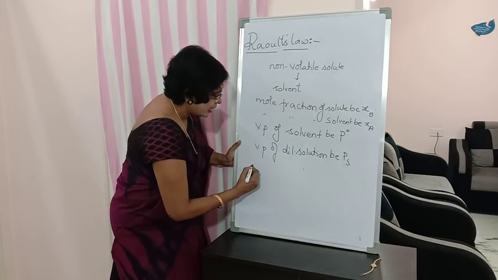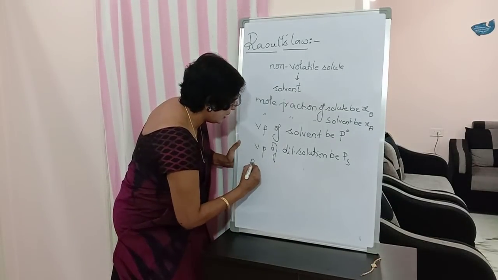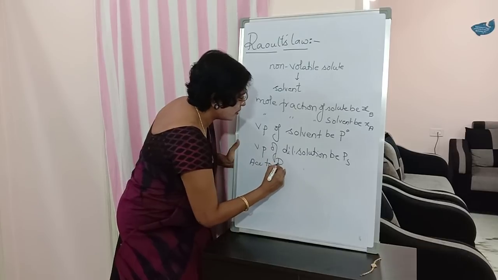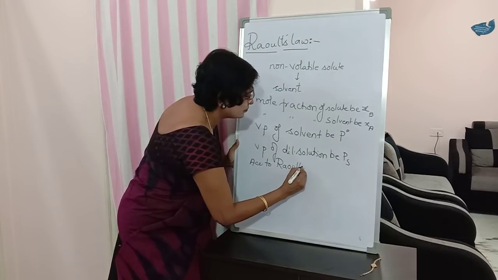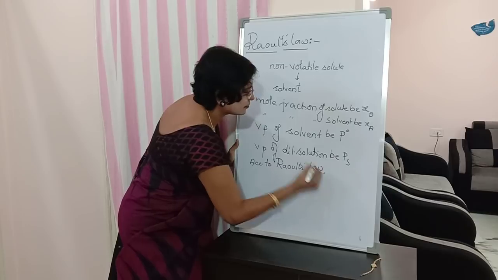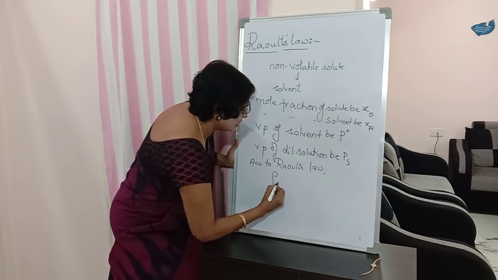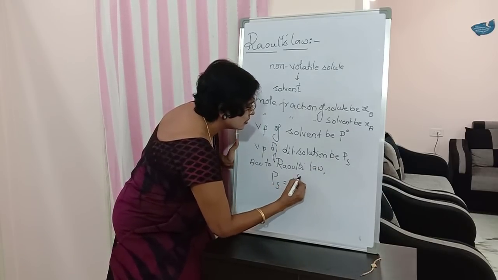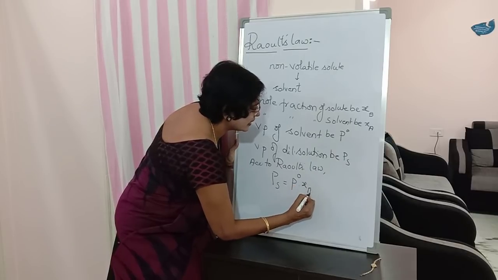Below write down, students, according to Raoult's law, PS is equal to P naught into XA.